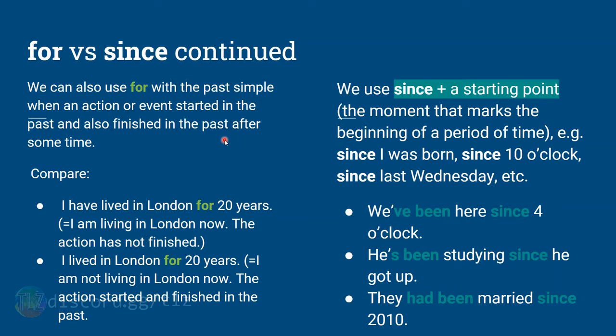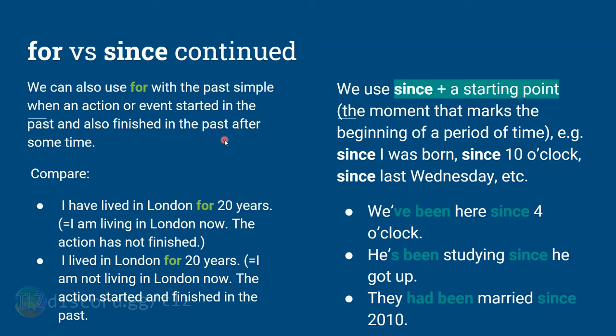Currently, you are not living in another city. You are still living in London, meaning you have not finished that action. But if you say, I lived in London for 20 years, I am not living in London at the moment, but I did start living in London 20 years ago, and I have finished that within those 20 years, the window of the 20 years. That's how long I lived in London.